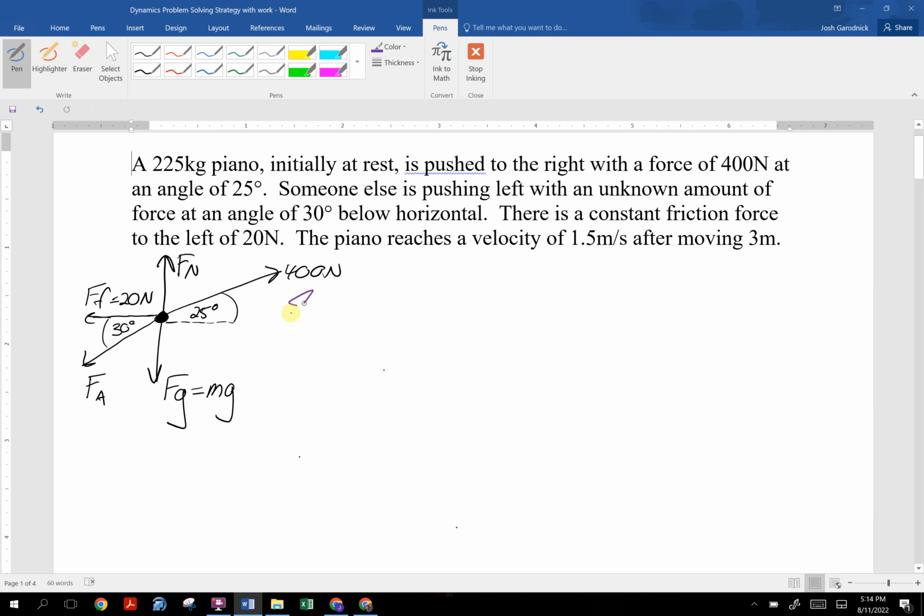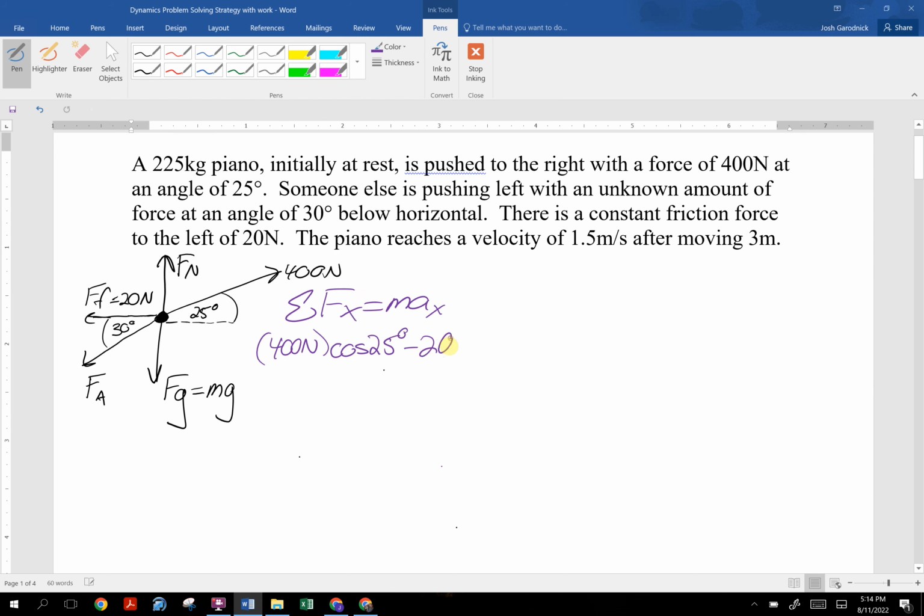So we sum the forces that are acting in the x-axis that cause the mass to accelerate horizontally. I look at the free body diagram: what points right, what points left. I'm not talking directly to the right, just something to the right. In this case, we have 400 newtons acting at an angle of 25 degrees. For x, we tend to use cosine.